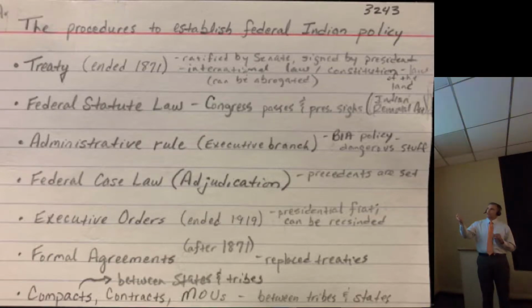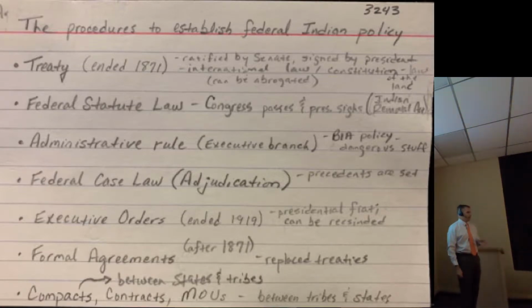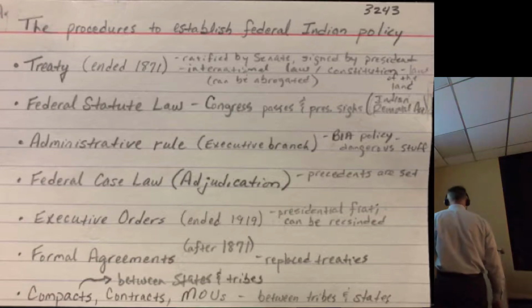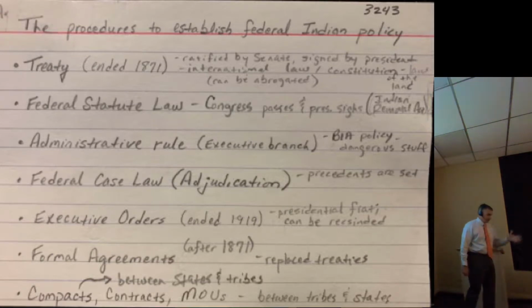Another procedure by which federal Indian policy is established is through federal statute law. That is, the laws that Congress passes, that the president signs. An example would be something like the Indian Removal Act of 1830. We'll talk about all these different statutes and treaties, not all of them, but the more important ones that have gone to shape and change Indian policy.